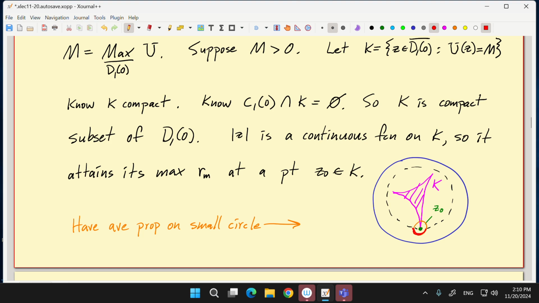So capital U is less than or equal to m, and it's strictly less than m on that red part of that circle that bulges out there.